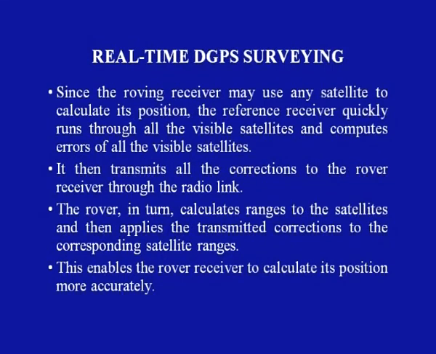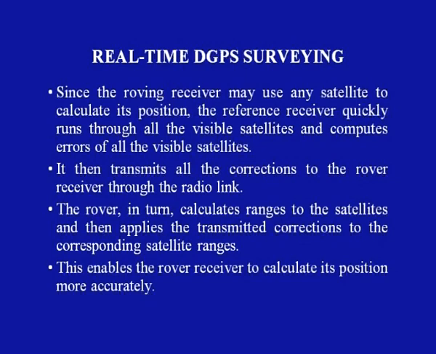Since the roving receiver may use any satellite to calculate its position, the reference receiver quickly runs through all the visible satellites and computes errors on all the visible satellites. It then transmits all the corrections to the rover receiver through the radio link.